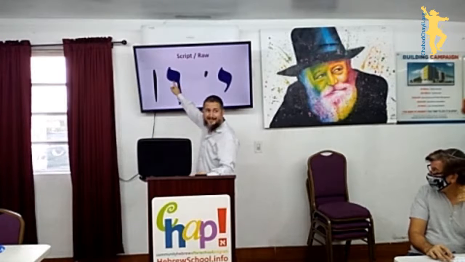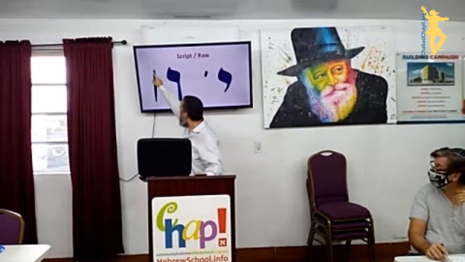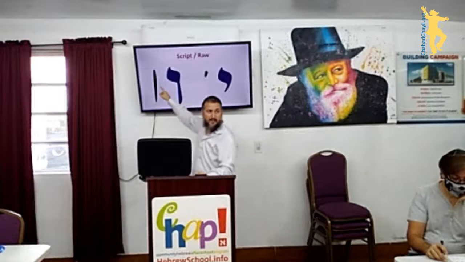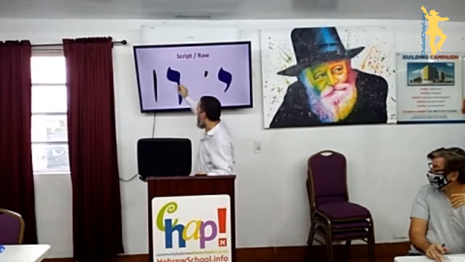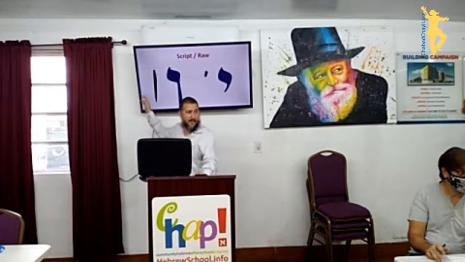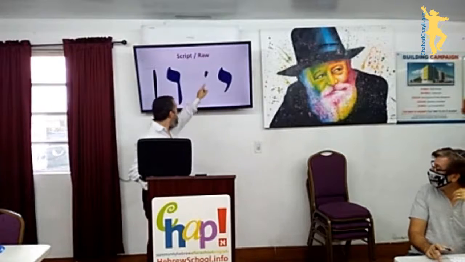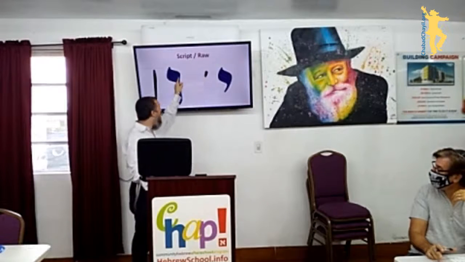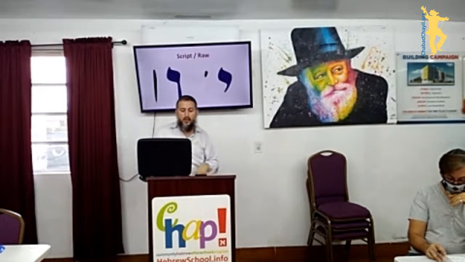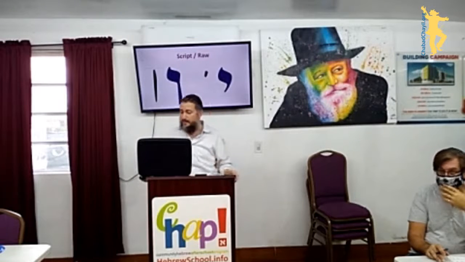The vav, which is the next letter we have to learn, is just a little longer line. That's actually what I did. I took this and I pulled it down. That's what a vav is. Pull it down. So in stick figure, this is the smallest letter, the Yud, and then this vav is just pulling that down. Okay? We can learn the significance of that in a little bit.